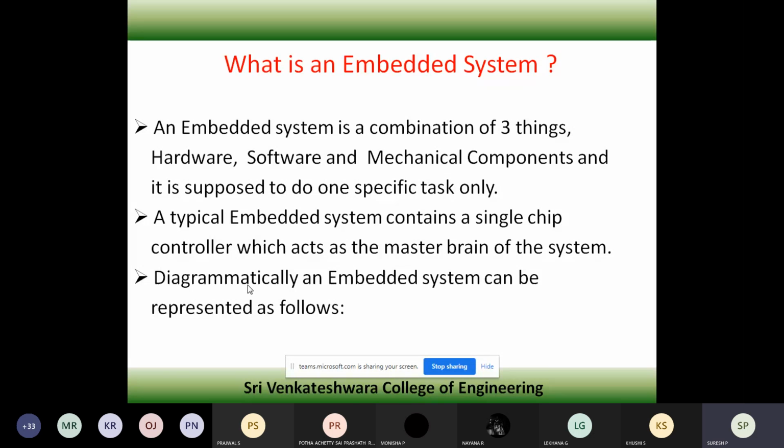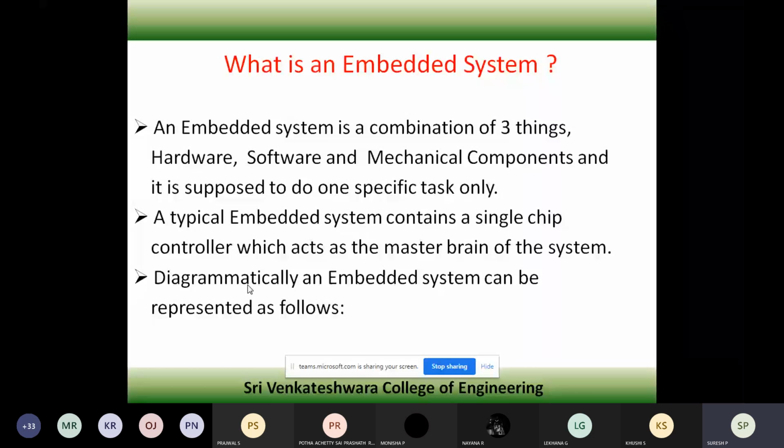Now, if you take any typical embedded system, it contains a single chip controller. As I told you, one microcontroller will be there, and that chip controller acts as the master brain of that particular embedded system.